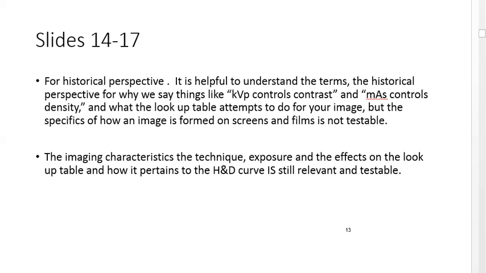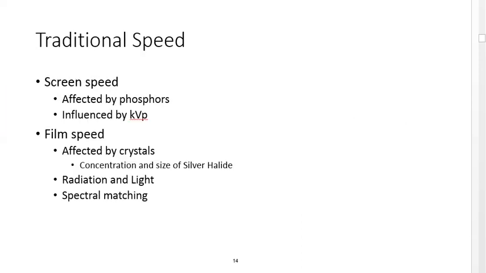It helps to explain that through the context of the H&D curve, which we've talked about. The H&D curve is still something that we use to identify characteristics of an imaging system, contrast and speed, as we were talking about on Friday.